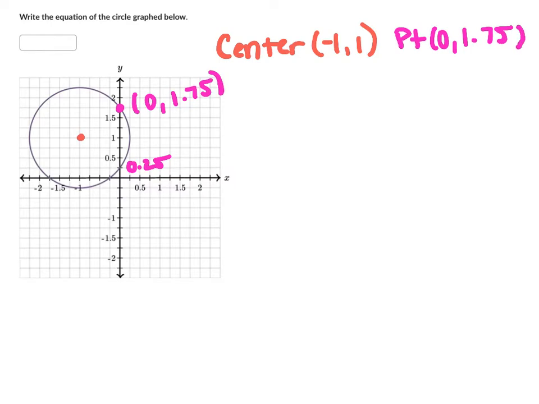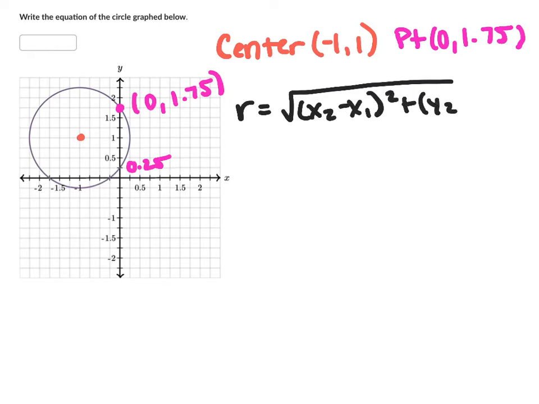Now, in order to find the length of the radius, we're going to have to use our distance formula. So the radius equals, again, the square root of x2 minus x1 squared plus y2 minus y1 squared. Then if I substitute into the formula, I can use the center as x1, y1 and the point as x2, y2.